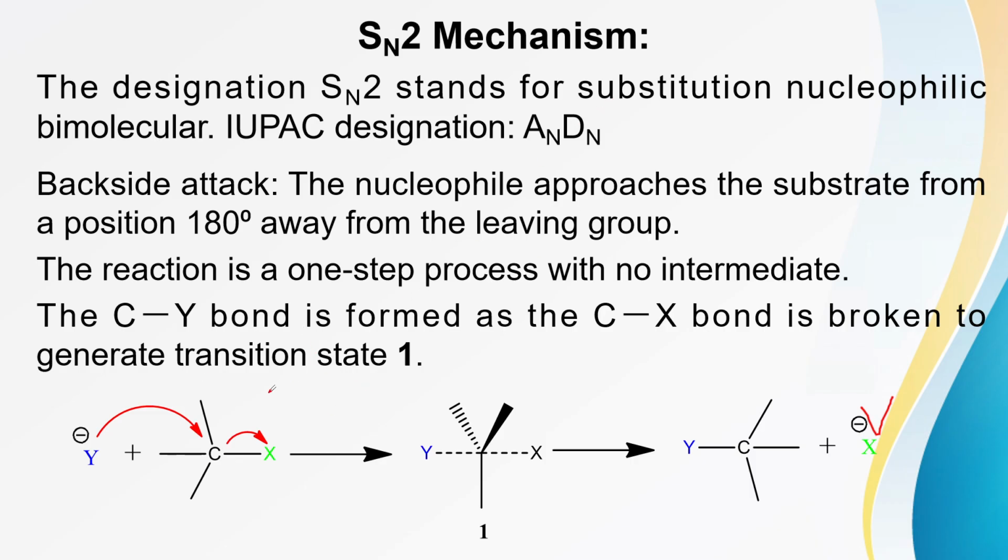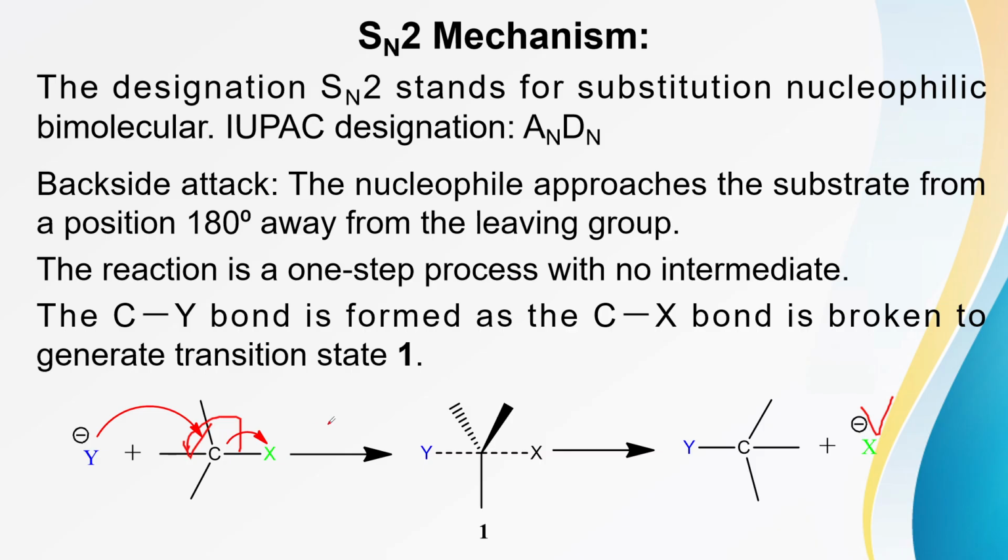Another important thing to note is that during the reaction backside attack occurs, meaning the nucleophile attacks 180 degrees away from the leaving group. You can clearly see that this Y is attacking the carbon 180 degrees from X, meaning there is a 180 degree angle difference between the attack of the nucleophile and the departure of the leaving group.